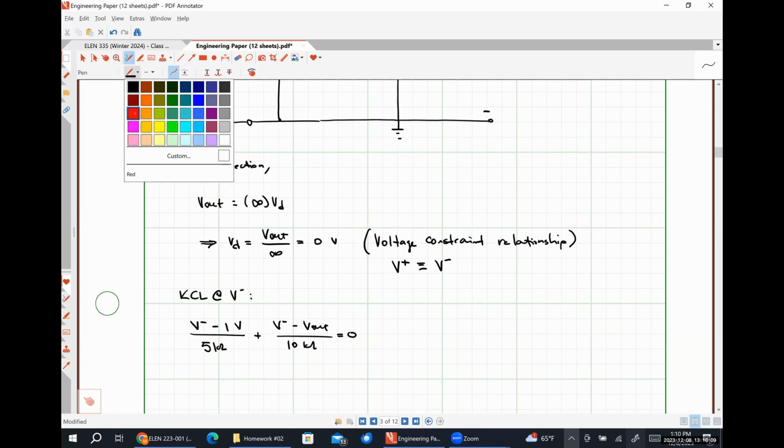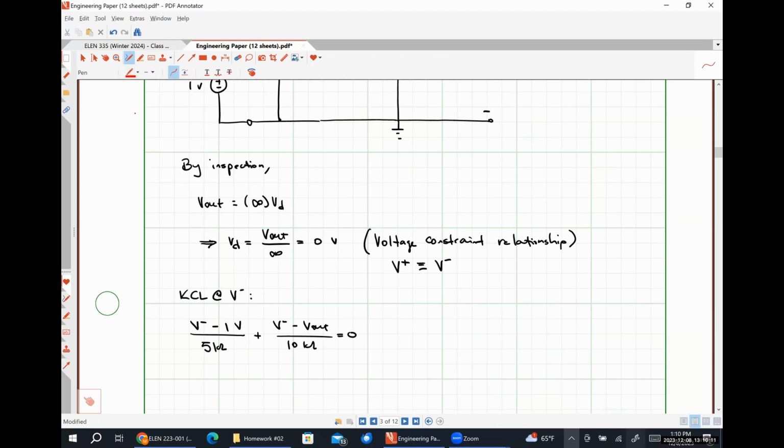Since VD has to be equal to V out, and since V plus is equal to 0, this term right here goes to 0 volts. This term right here goes to 0 volts. And we wind up getting V out equal to negative 10 kiloohms over 5 kiloohms times our 1 volt input voltage is negative 2 volts.